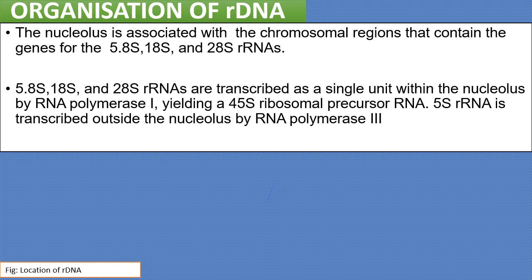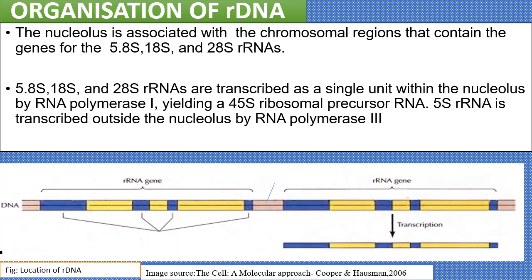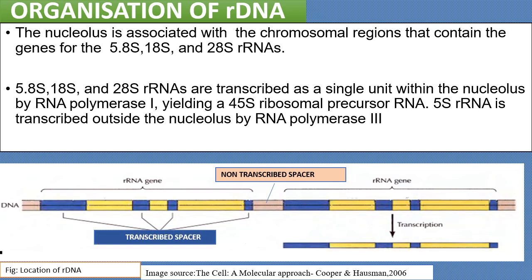The ribosomal RNA genes, which are organized in tandem arrays, are separated by non-transcribed spacer DNA. This is the non-transcribed spacer DNA which separates two ribosomal DNA repeats, and it also contains two internal transcribed spacers and two external transcribed spacers. These two are internal transcribed spacers, and this one and this blue one are known as the external transcribed spacers.